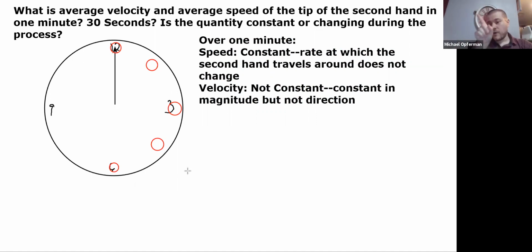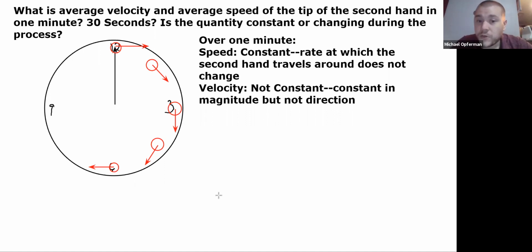Obviously it's going around clockwise. So up here, the velocity is going to point this way. Here, the velocity is going to point down and right. Here it's down. Here it's down and left. And here it's going to be left. So the direction of the velocity vector is going to loop around just as the second hand is looping around the clock.